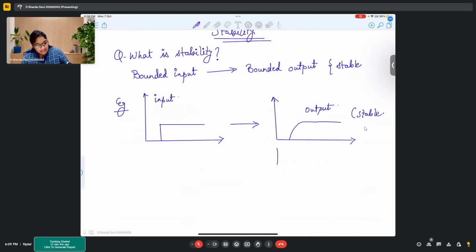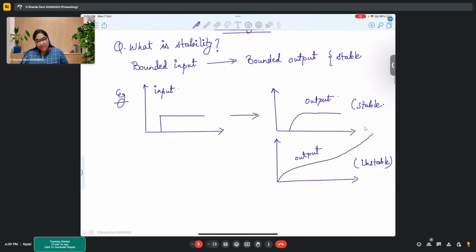But let's say for this input, you get an output like this, right? Then this makes your system unstable.